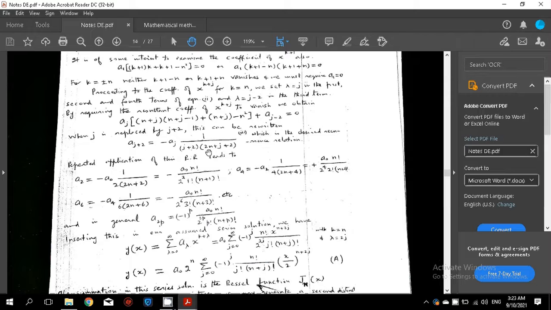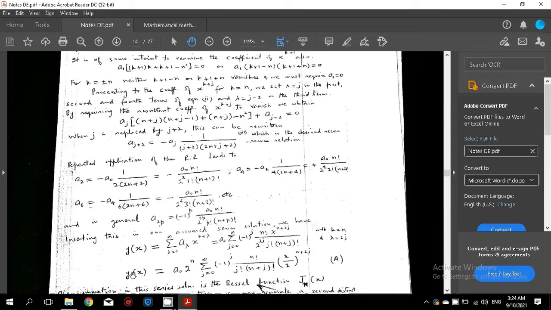As long as k is equal to plus n, there is no problem. We get all the coefficients from the recurrence relation as we did here, and we reach the first solution, which we call the Bessel's function of first kind.